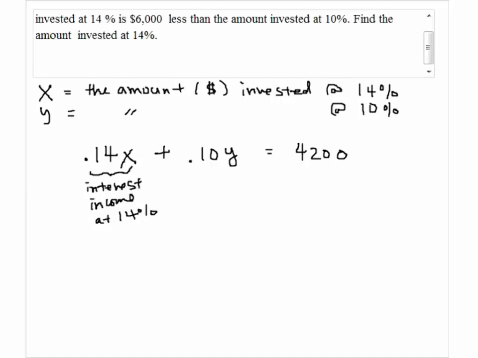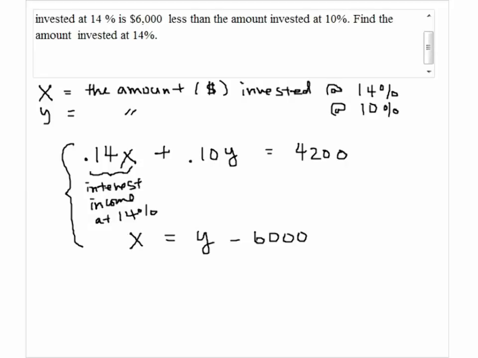So we have an equation, which is X equals Y minus 6,000. The amount invested at 14%, which is X, is $6,000 less than the amount invested at 10%, which is Y.